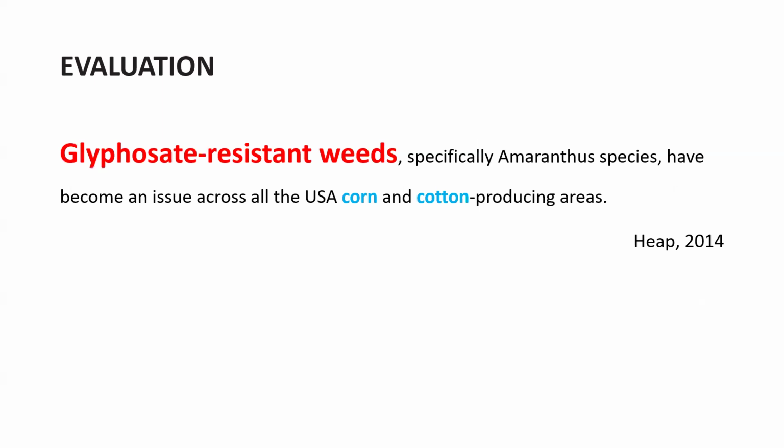But with the extensive use of glyphosate, resistance has also emerged. Certain weeds like Amaranthus species have developed resistance, posing significant challenges across corn and cotton producing areas in the United States.